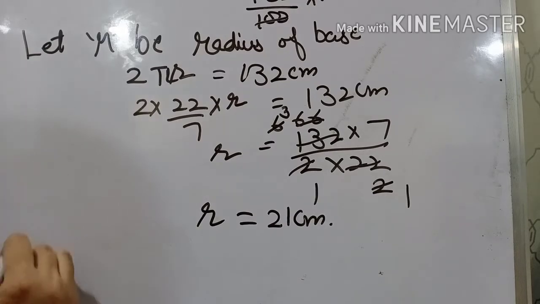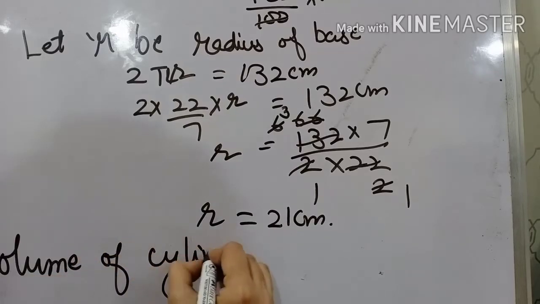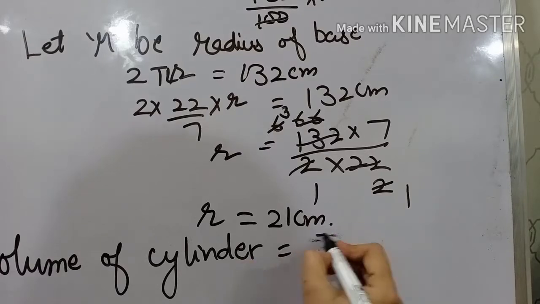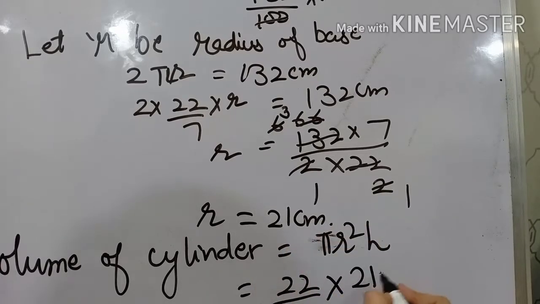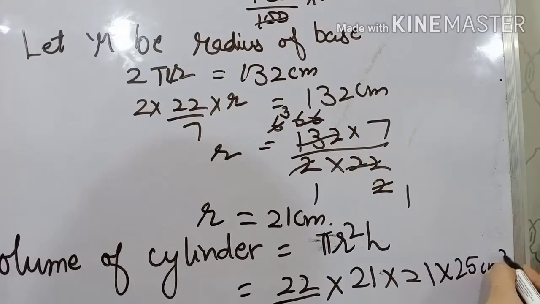Now volume. Volume of cylinder. You know the formula? Pi r square h. 22 by 7 into radius value 21 into 21. Height 25 centimeter cube. 7 1s are 7, 7 3s are 21.